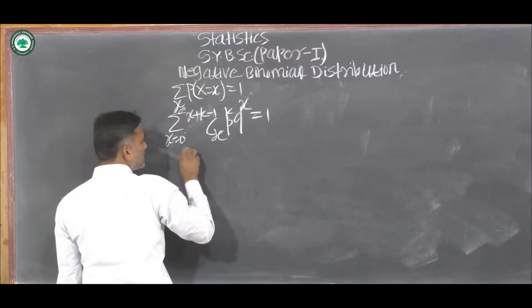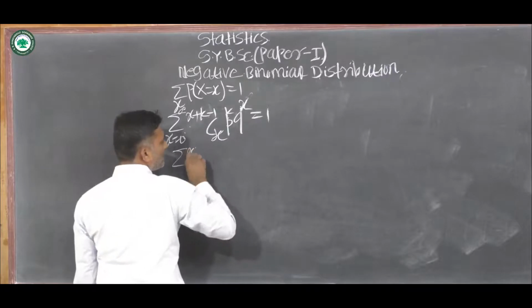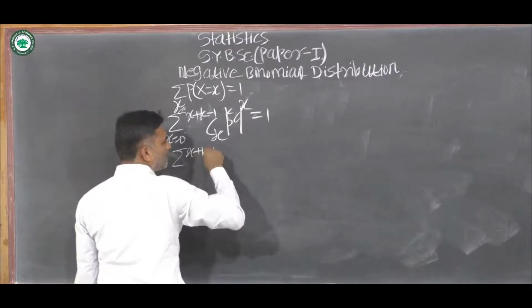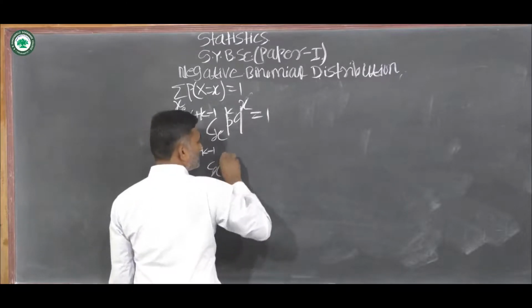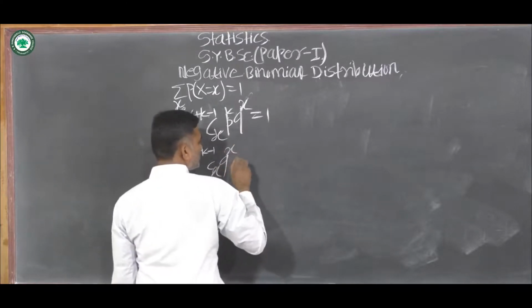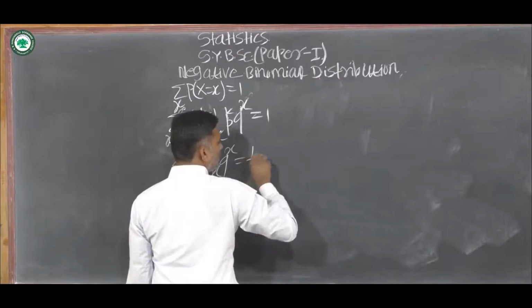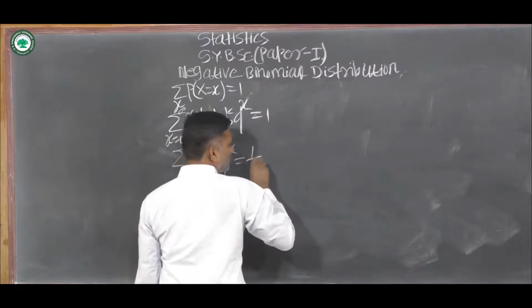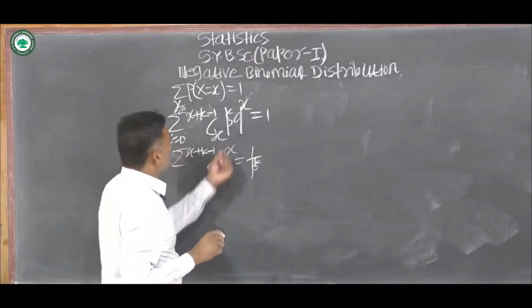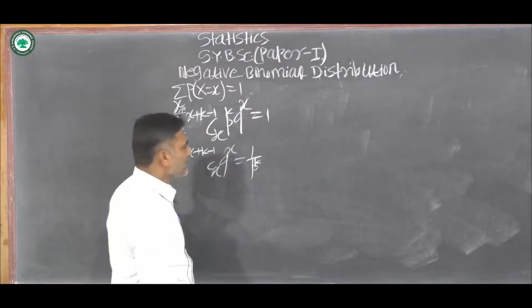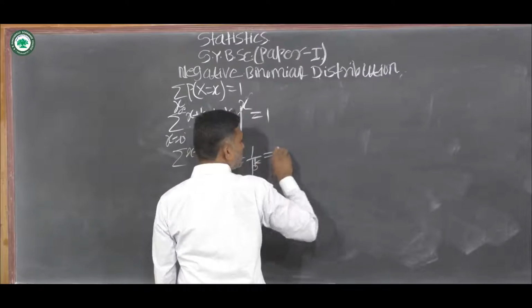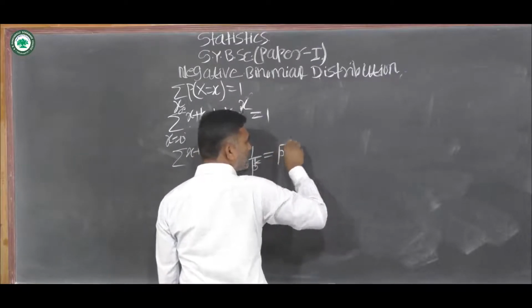Again this can be written as the summation of x plus k minus 1 C x into q raised to x, which is equal to 1 upon p raised to k. This term p raised to k is transferred to the right hand side. Now this can be written as p raised to minus k.